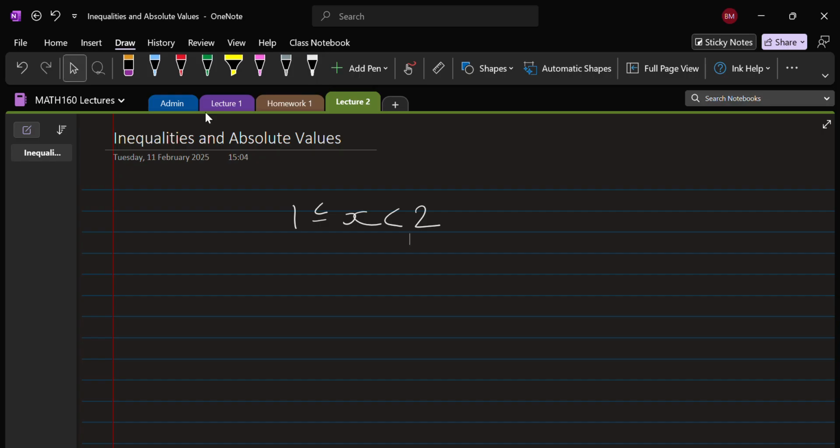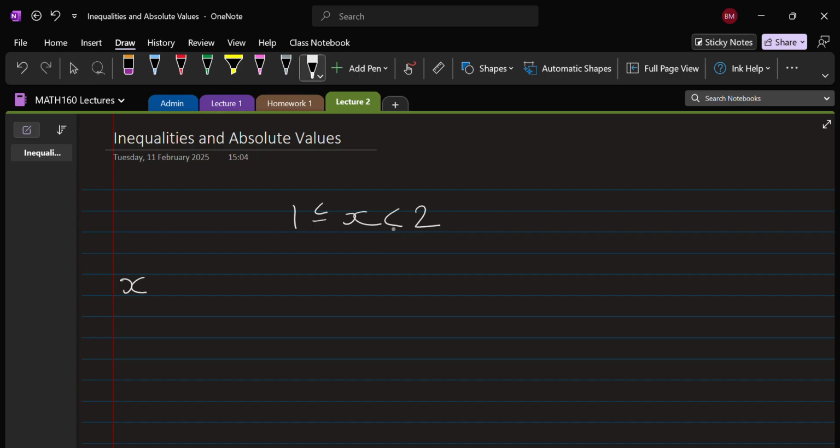What this first symbol means here, less than or equal to, means it could be equal to 1. On the right-hand side, this is a strict less than. In maths, whenever you hear the word strict or strictly, it means not equal. Definitely not equal. So on the left-hand side, that is less than or equal to. On the right-hand side, it is strictly less than, in other words, cannot be equal to.